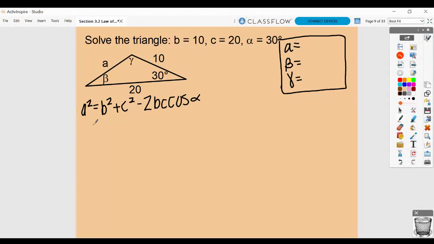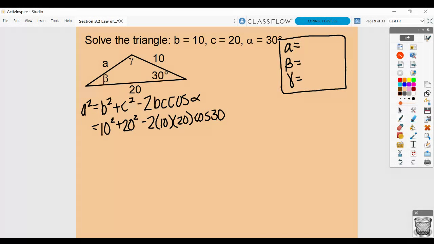Again, all you're doing is substituting in numbers. So 10 squared plus 20 squared minus 2 times 10 times 20 cosine of 30. I'm going to highly suggest making this as simple as possible before you put it into your calculator.